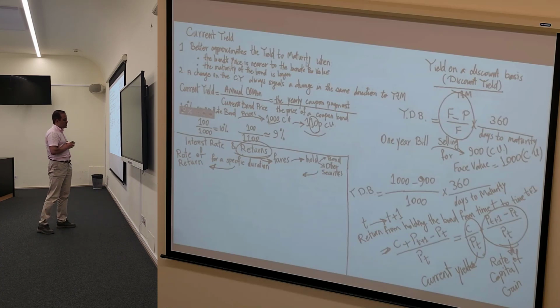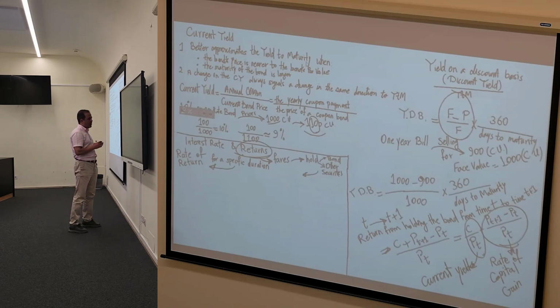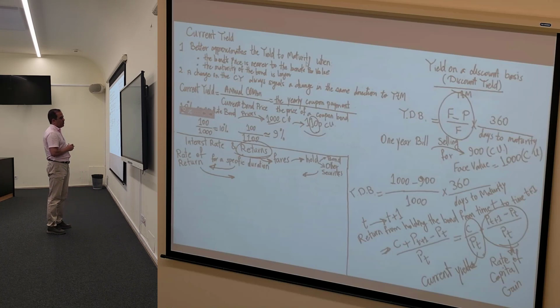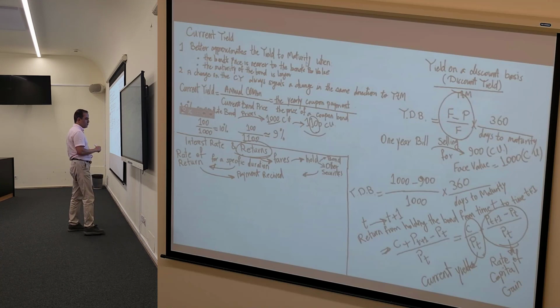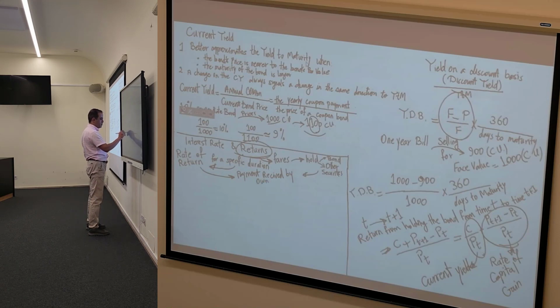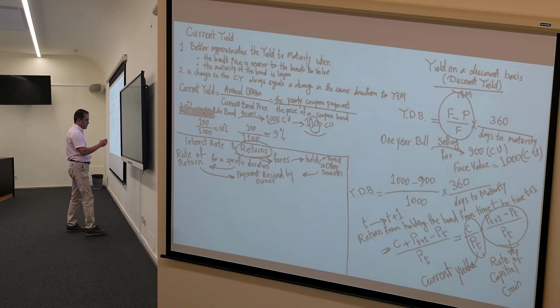So when it comes to any security, the rate of return is essentially a calculation that combines the payment received by the owner with the change in the security's value. Okay.